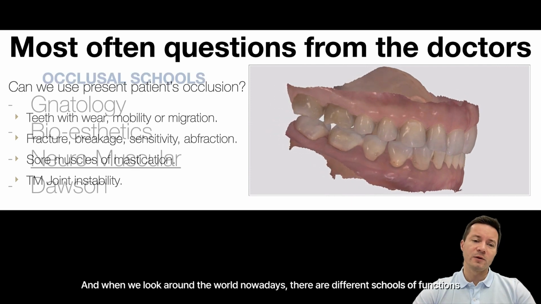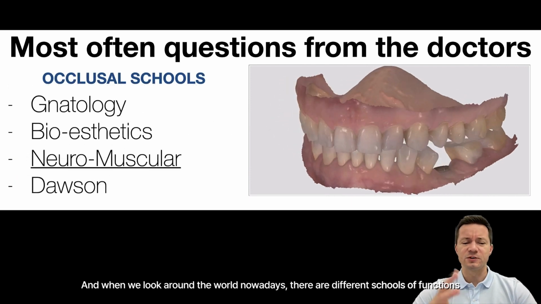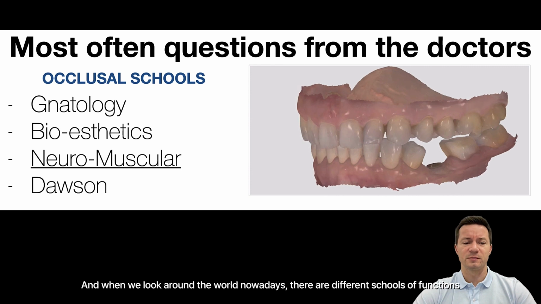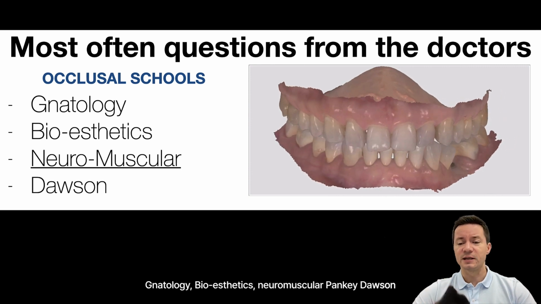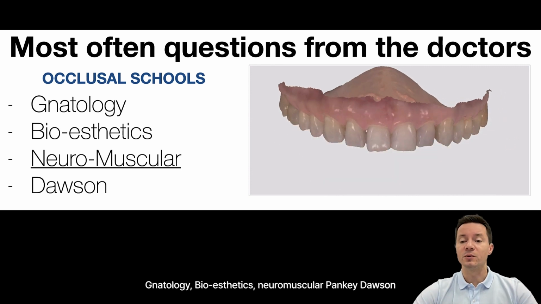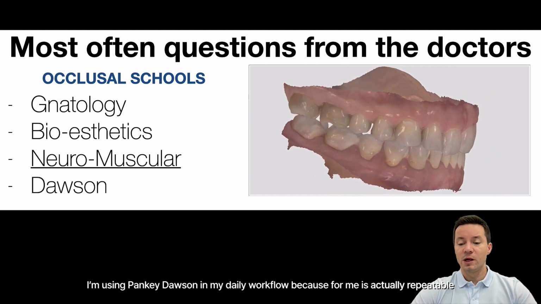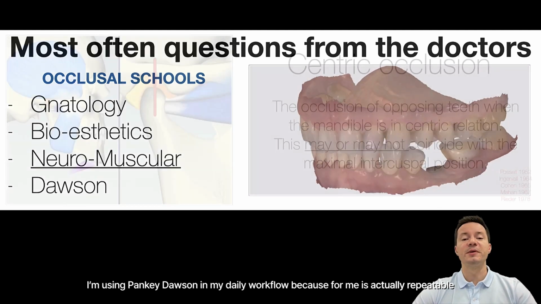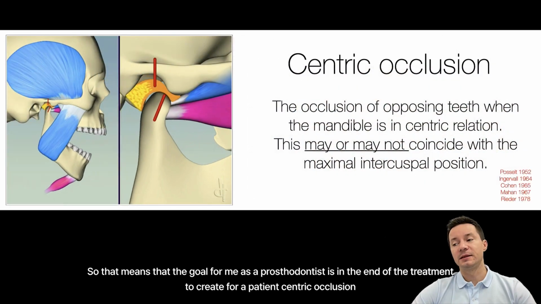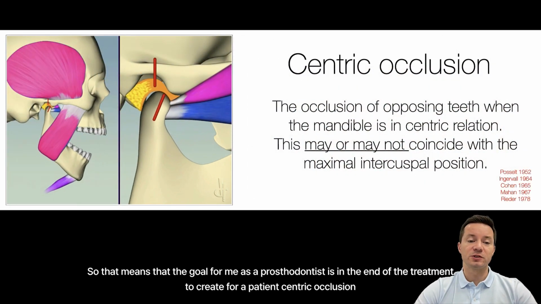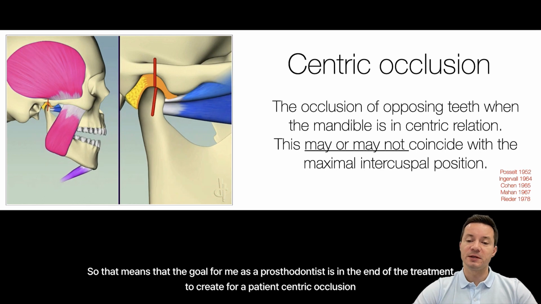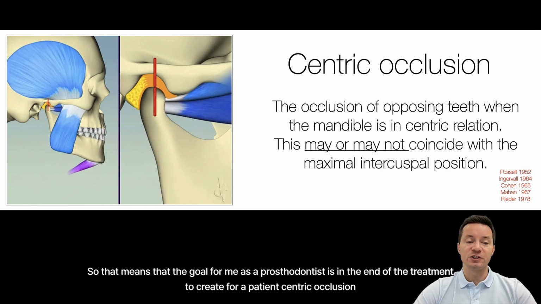When we look around the world nowadays, there are different schools of function: gnathology, bioesthetics, neuromuscular, Pankey-Dawson. I'm using Pankey-Dawson in my daily workflow because for me, it's repeatable. The goal for me as a prosthodontist, at the end of the treatment, is to create a patient-centric occlusion.